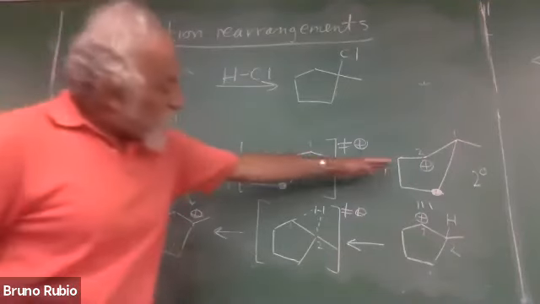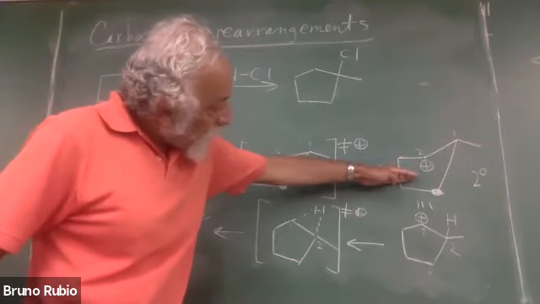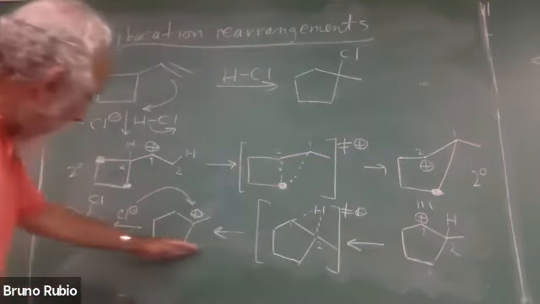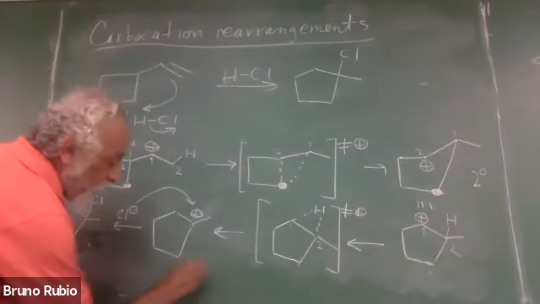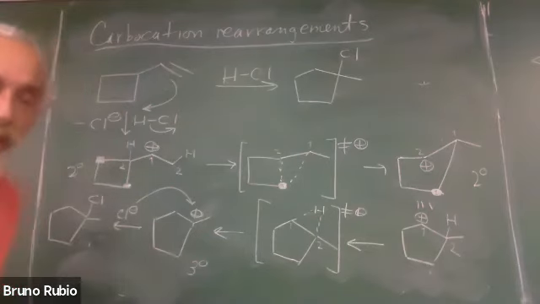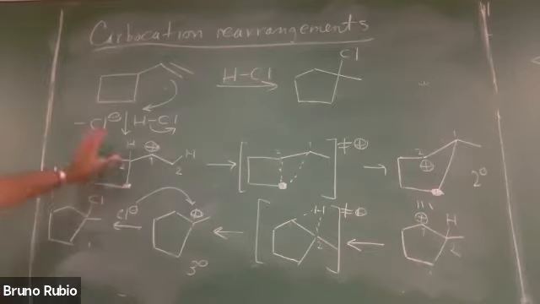Okay, now the second rearrangement, we're going from a secondary to a tertiary carbocation, right? And we're not introducing more strain or anything like that, so the second rearrangement makes a lot of sense. All right, another thing I would point out to you about these carbocation rearrangements is that they are lightning fast, right?